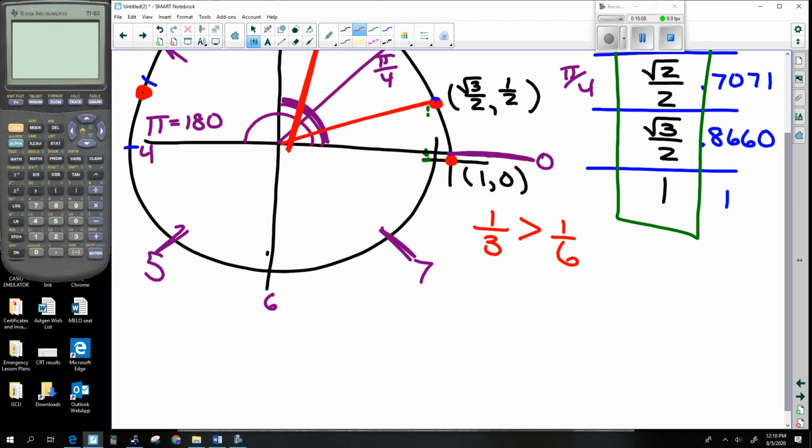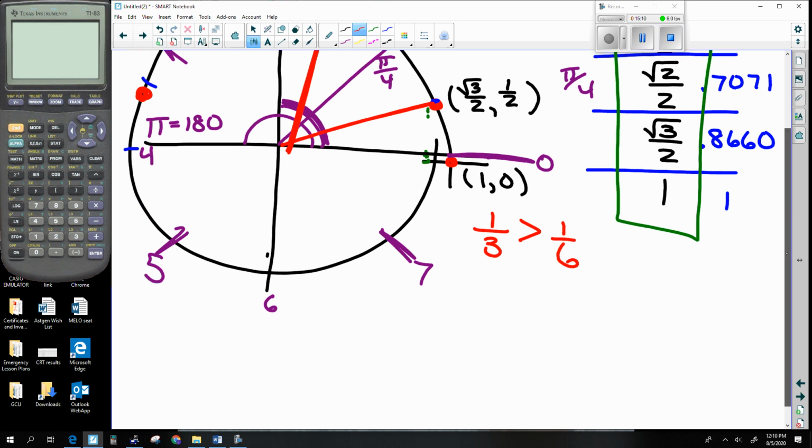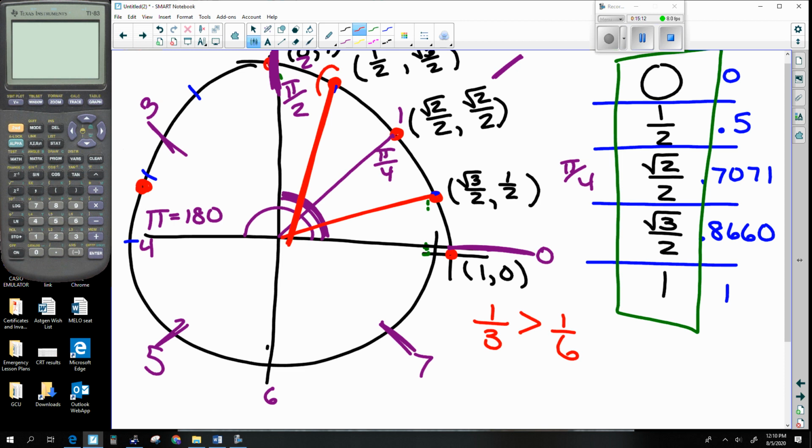So if these are angles, and I give you the option, I'm talking about this point or this point, and again, these are angles, what would you guess this upper point to be? What degree in radians would you expect that to be? Well, I would expect it to be the bigger one, of course. And that is exactly what it is. It's 1/3.